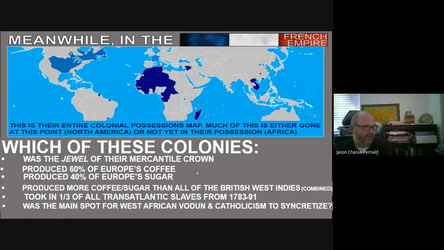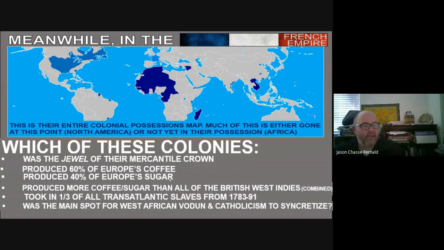I'll just call it Haiti. What Haiti was known for producing: coffee and sugarcane. It produced more coffee and sugar than all the British West Indies combined. So an extremely profitable colony, and of course there's going to be a tremendous human cost there as well.